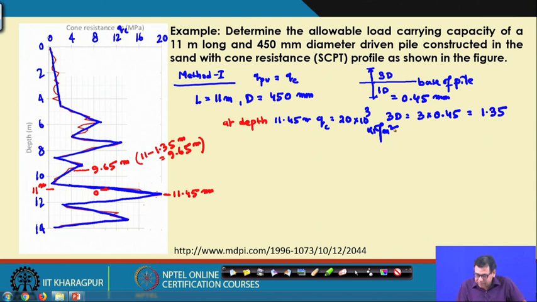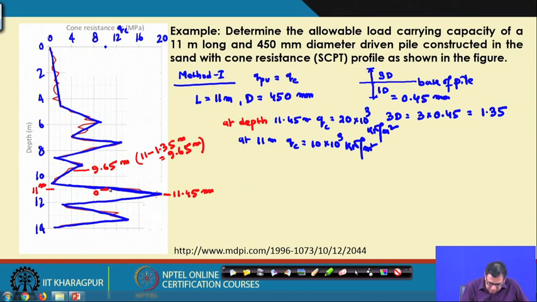You can see the QC value is 20, and it is 10 to the power 3 because QC is in megapascal. So, I am writing them in kilopascal, that is kilonewton per meter square. So, at 11 meter, the QC value is 10 into 10 to the power 3 kilonewton per meter square.